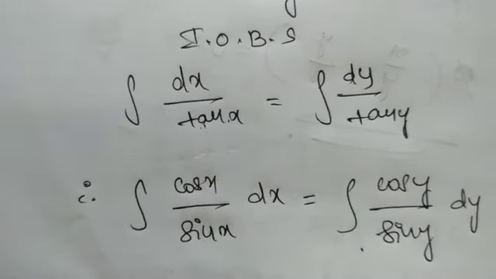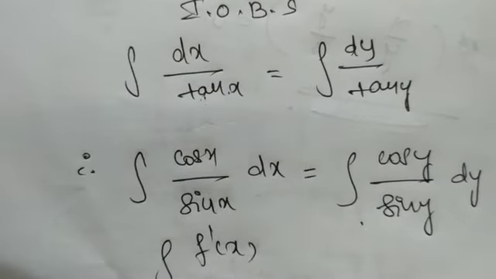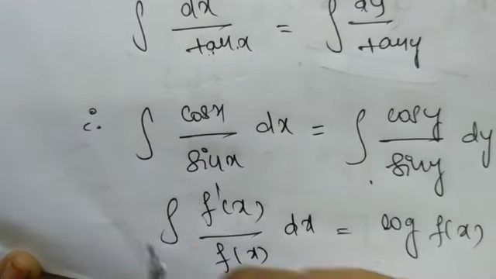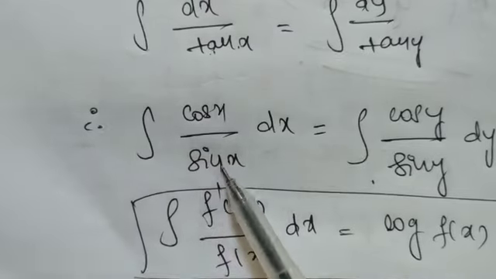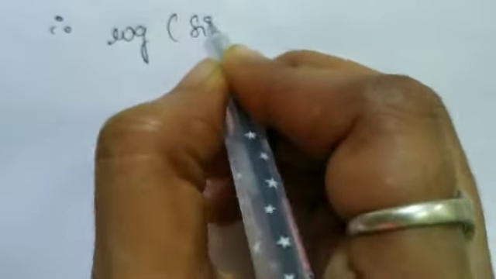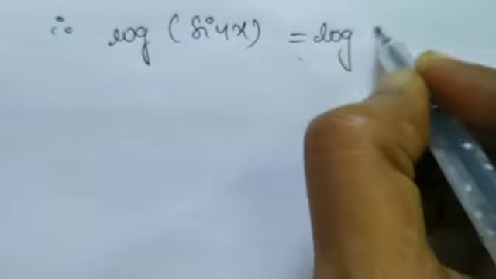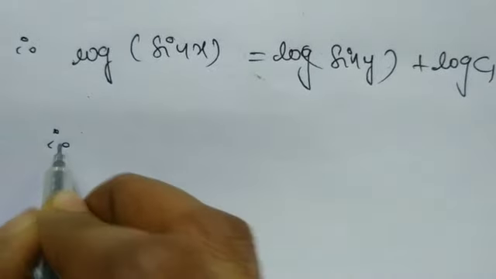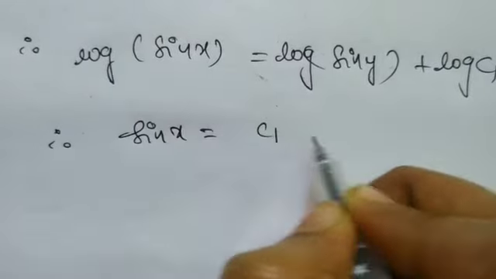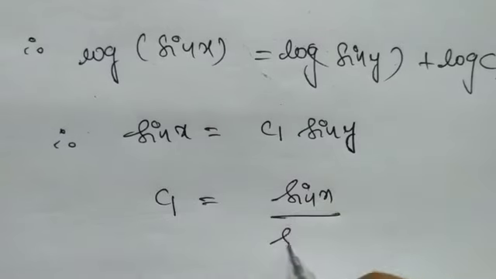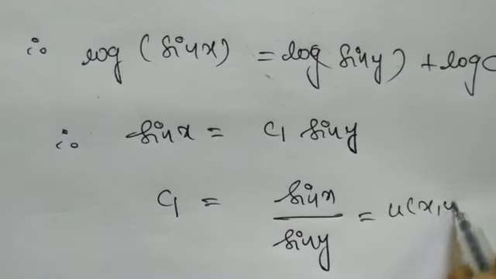Here we have one formula: integration of f dash x by f of x dx equal to log f of x. Here f of x is sin x and the differentiation of sin x is cos x. Therefore log sin x equal to log sin y plus log c1, so sin x equal to c1 sin y. Therefore c1 equal to sin x by sin y. This is u of x comma y.